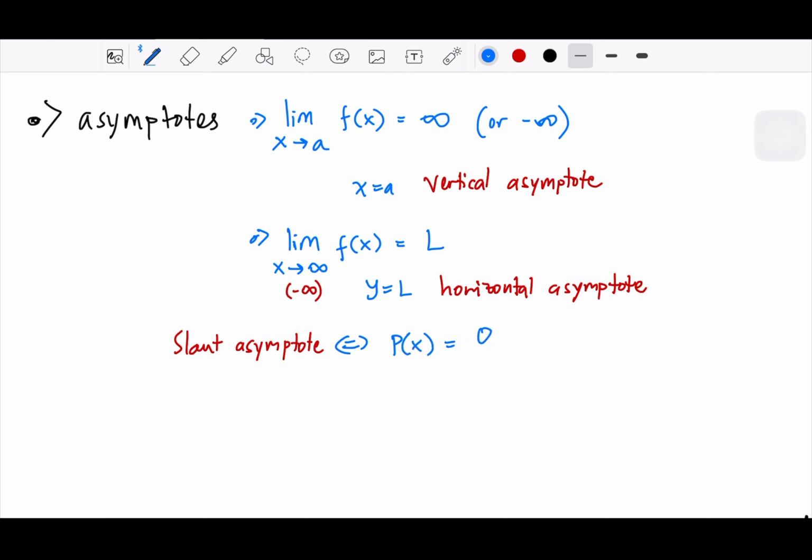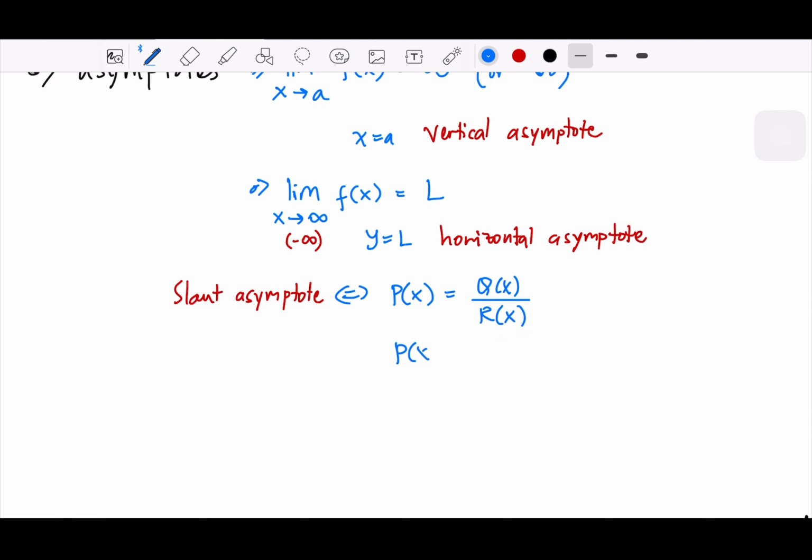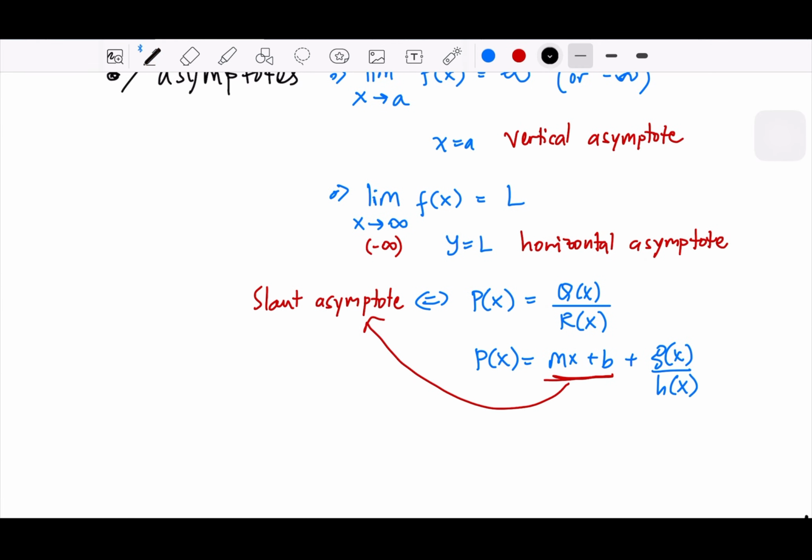If we imagine a rational function f of x equal to q of x divided by r of x, and we rewrite it using long division or maybe synthetic division, we could write it in the form with mx plus b, which usually will be our slant asymptote. That's the easy way to imagine this.